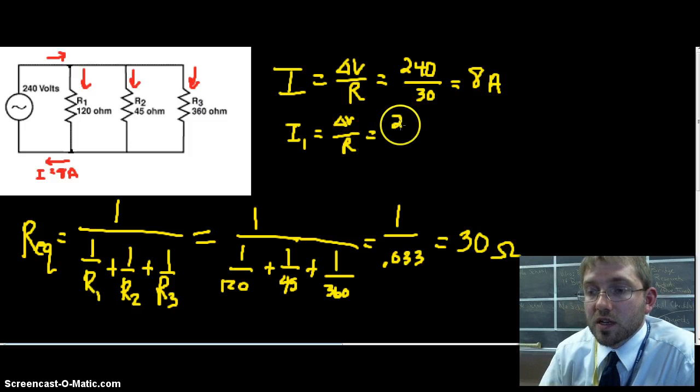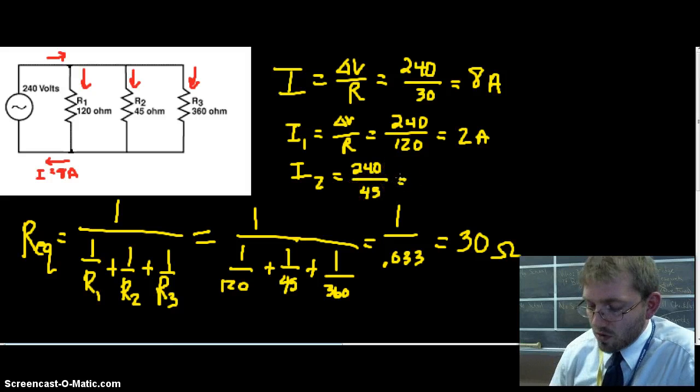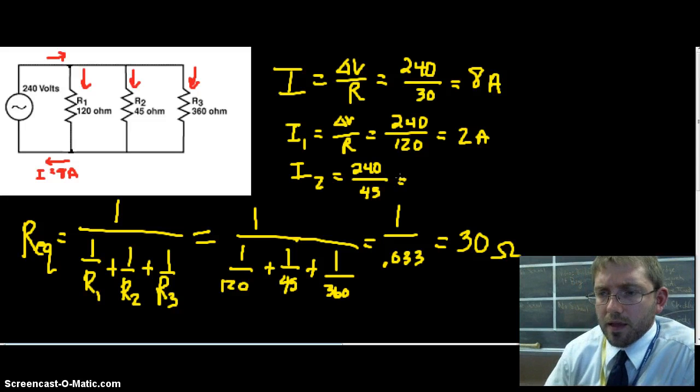Well, the rule says in a parallel configuration, the voltage dropped across any given branch is the same. Well, in doing this rough math, we end up with 2 amps passing down the first branch. The second branch, we do the same thing, 240 volts divided by 45 ohms, and a quick calculation will yield a current of 5.3 amps.